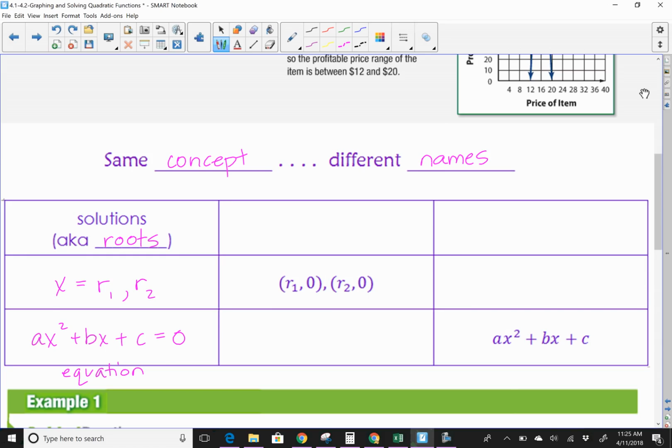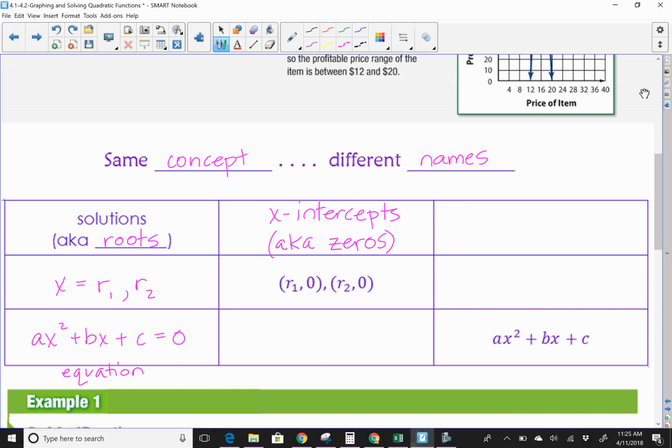The other way, if you look at these right here, we don't call those roots, we call those the x-intercepts, also known as the zeros of a function. I think you've heard that before. They're the zeros because y is always 0.